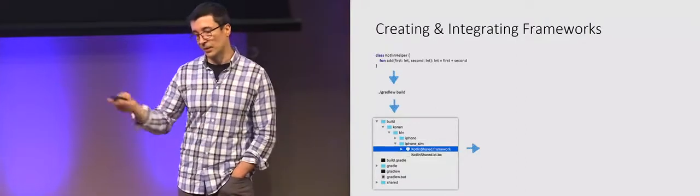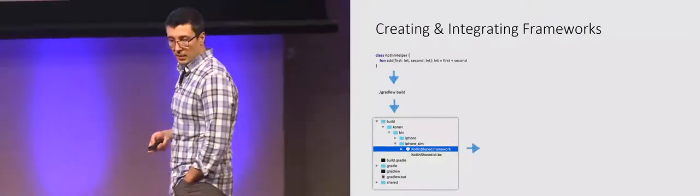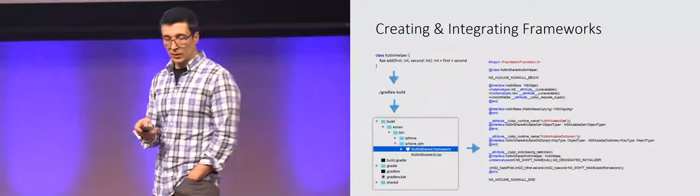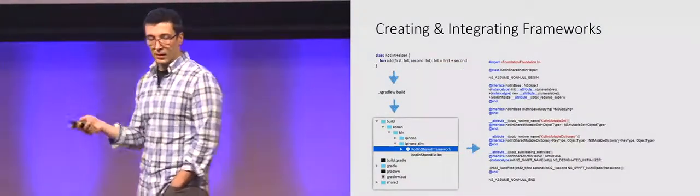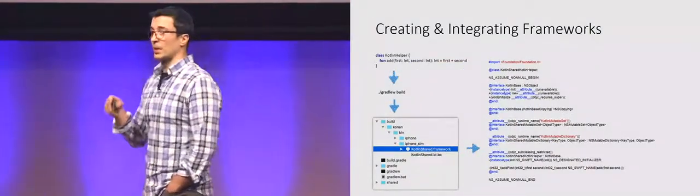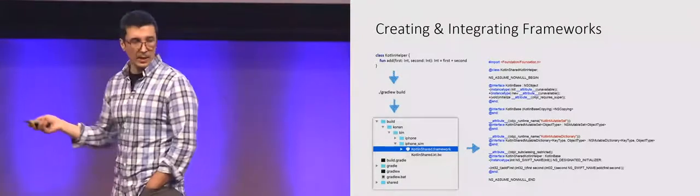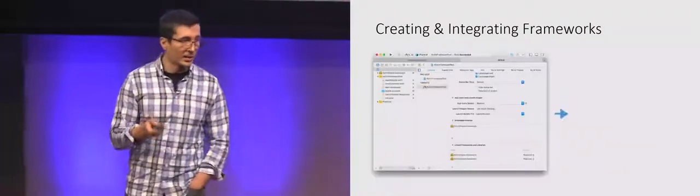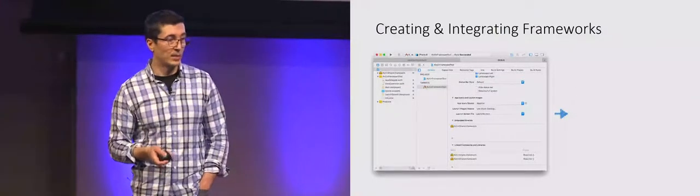I have a simple Kotlin class here adding 2 integers. Once I build it, I'll have 2 folders with .framework files for iPhone and the simulator. Looking into the headers inside these frameworks, you can see my Kotlin code has been converted to Objective-C, and I can integrate it into an existing iOS app.